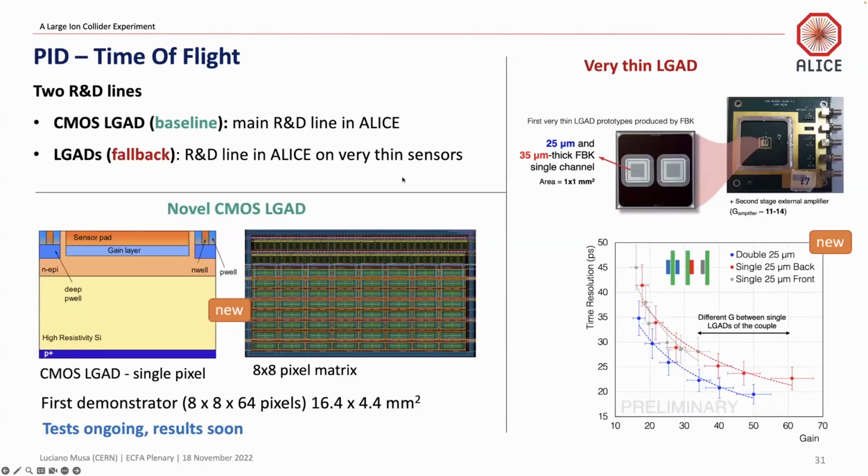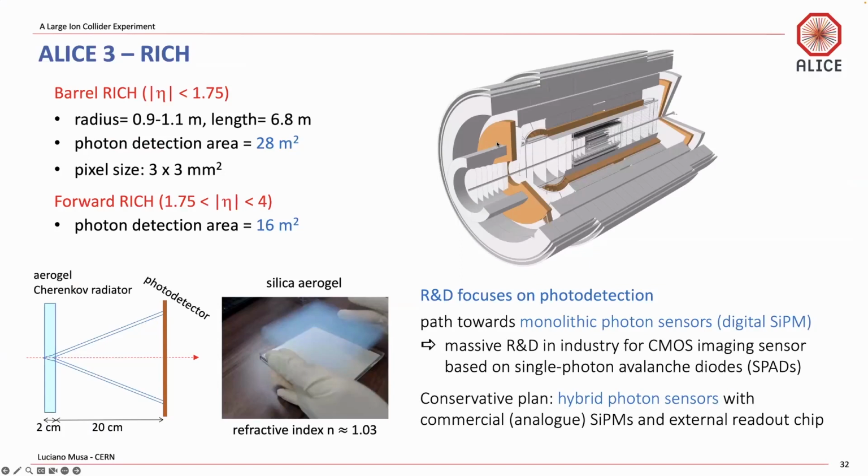We won't have the time of flight in the very forward direction, because due to the Lorentz boost it drops very quickly. But then we also have the RICH detectors. If you are referring to measurements with muons, the MFT is then combined with a hadron absorber and a muon spectrometer. So in ALICE 3, we have a muon identifier and a hadron absorber, but only in the barrel direction.